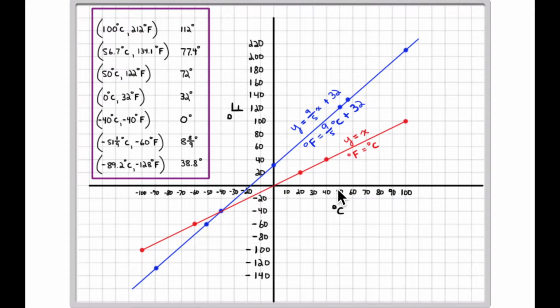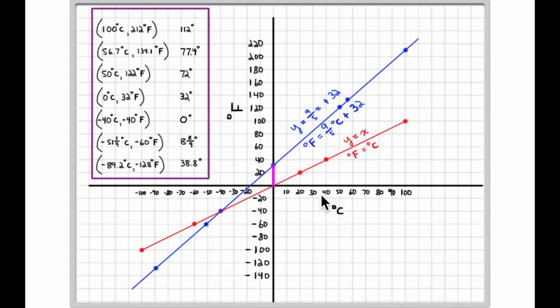So if you look at that on a graph, here are all those coordinates once again. Here they all are graphed on this graph of Fahrenheit is equal to 9/5 degrees Celsius plus 32 degrees. And if I add to this the graph that has a slope of 1 and goes through 0, where Fahrenheit is equal to Celsius, they intersect at this -40 right here.